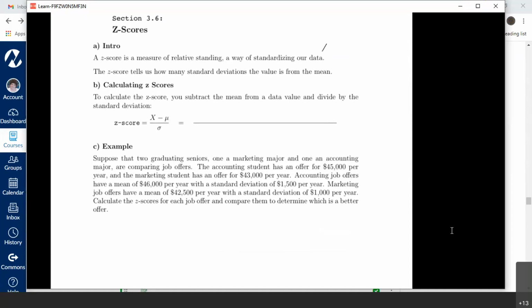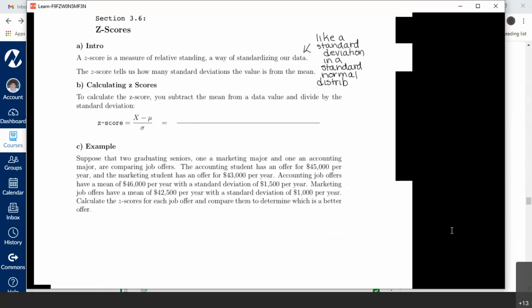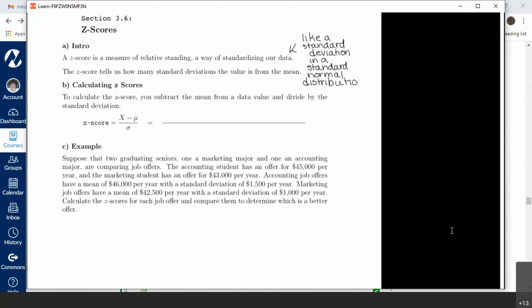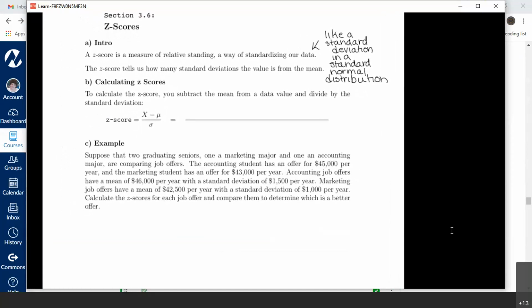It's like a standard deviation in a standard normal distribution. And you might remember from last time, standard normal distributions have a mean of 0 and a standard deviation of 1. The only thing they're useful for is finding these particular probabilities.